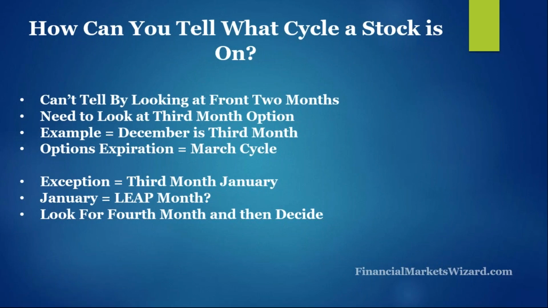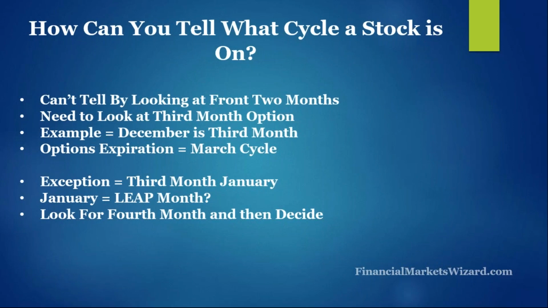But sometimes the third month could be the month of January. Let's say you are trading in November, so November will be listed, December will be listed, and you cannot tell by looking at those. If the third month listed is January, you cannot tell what cycle the stock is on, because January could be part of the leap.